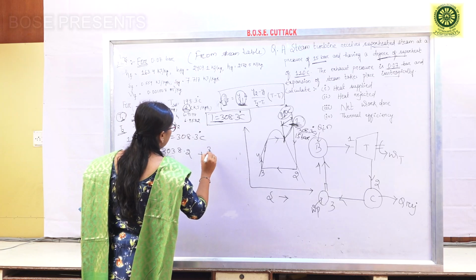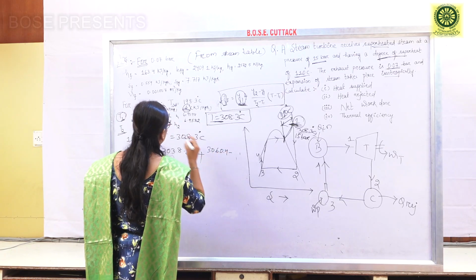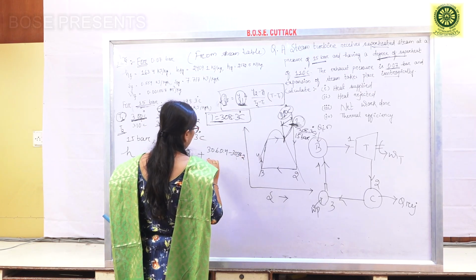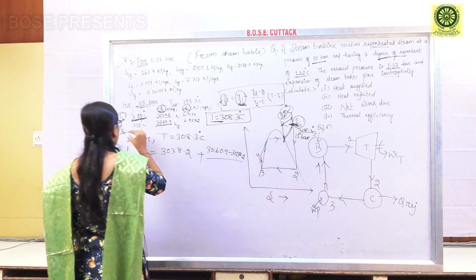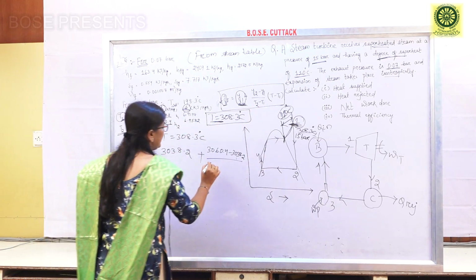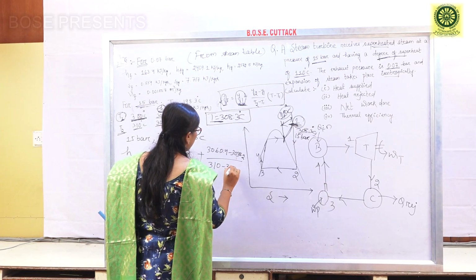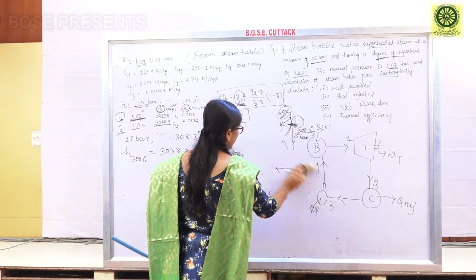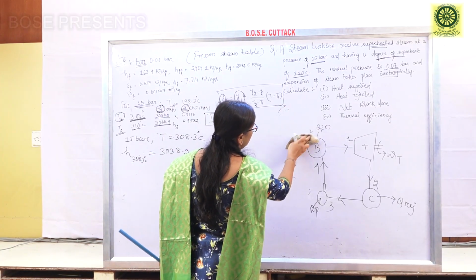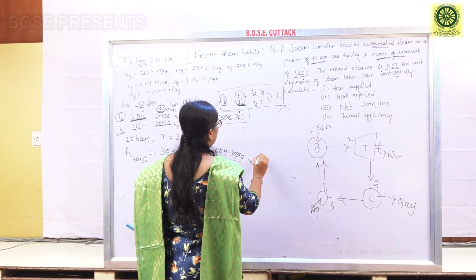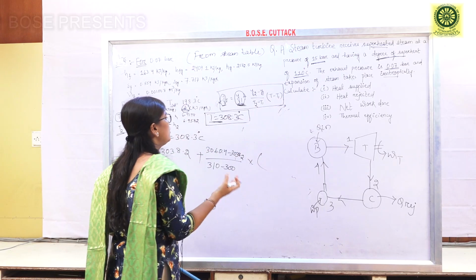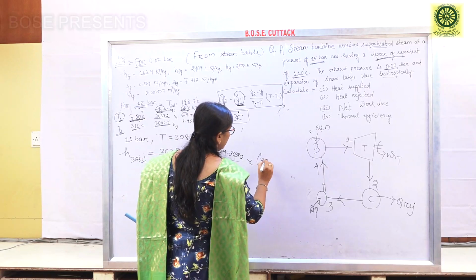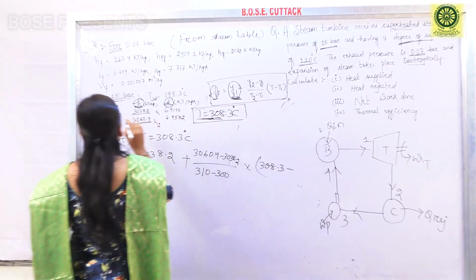So Y2 will be 3060.4 minus 3038.2, divided by T2 minus T1. T2 is this one, T1 is this one. So 310 minus 300, into 308.3 minus T1, the temperature that you want to find out. T1 is what? This 300.